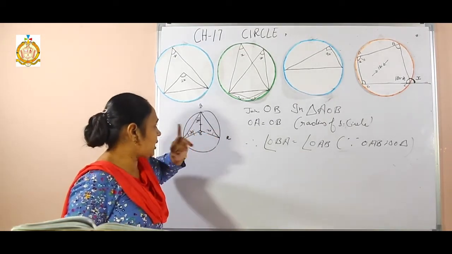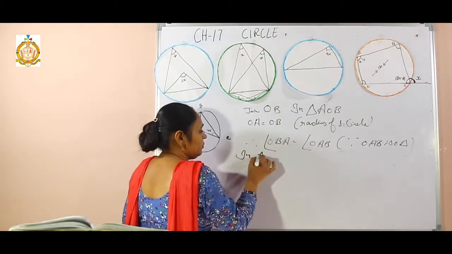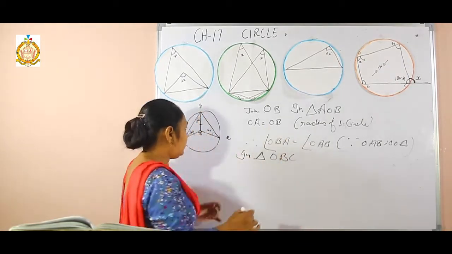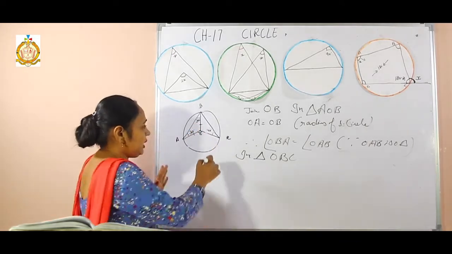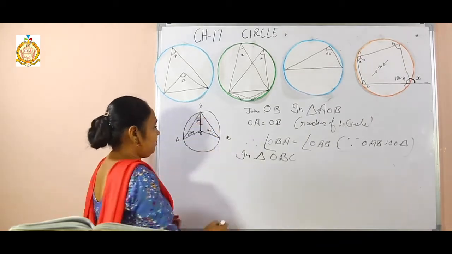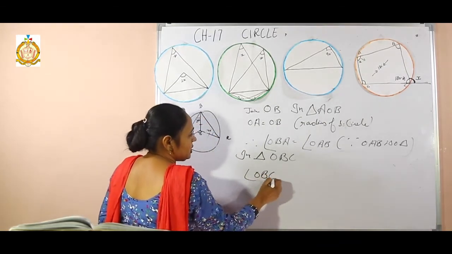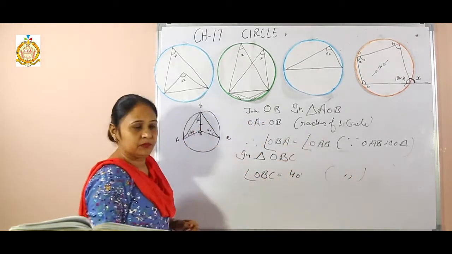Now we come to this triangle. In triangle OBC, this is the radius, this is also the radius. Again same reason. That means angle OBC also becomes 40 degrees. Same reason will be there.